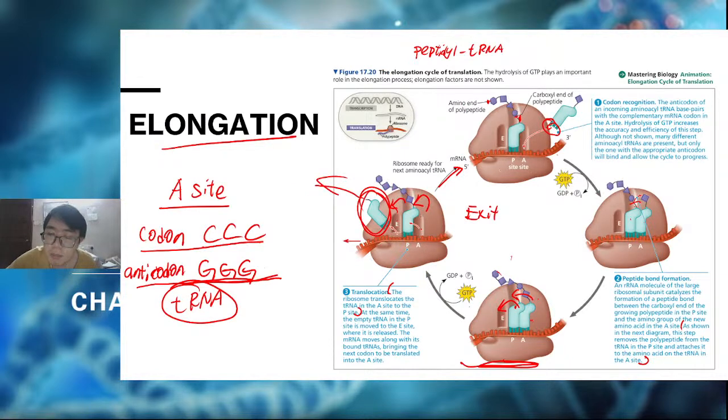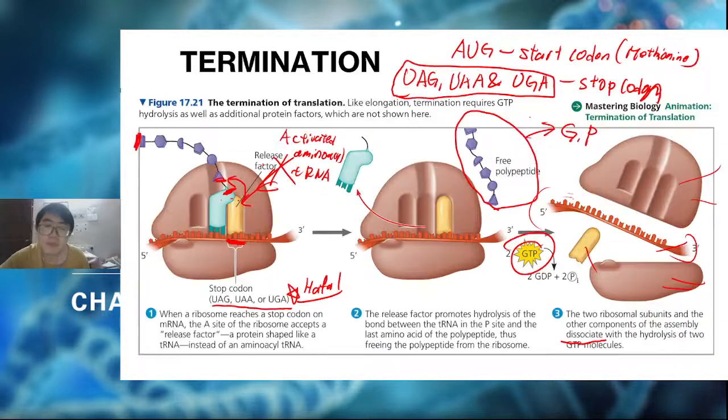Elongation requires ribosome units and is for the polypeptide formation, by adding amino acids from the activated amino acid tRNA lah. Finally, termination is the process that stops the formation of polypeptide.